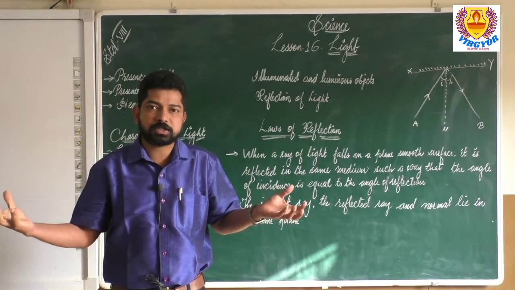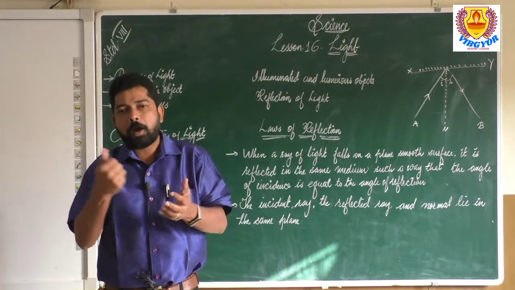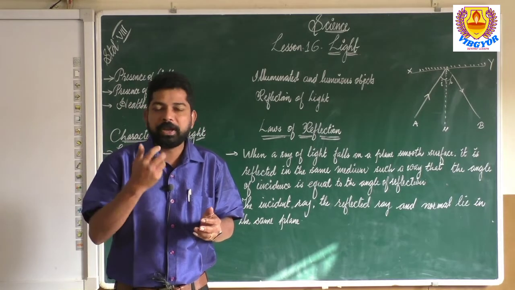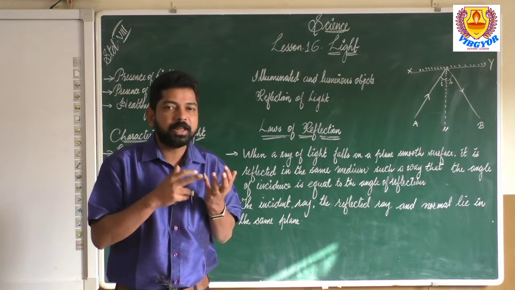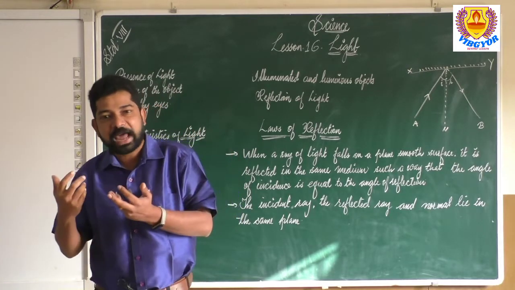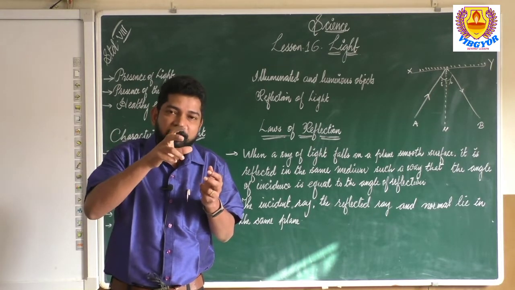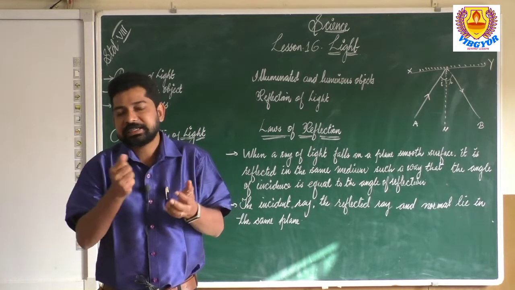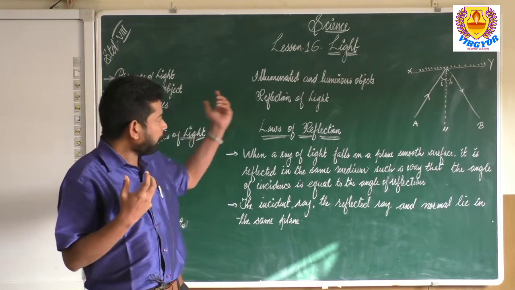Light from a source falls on them and then they shine. Examples: the best example is the moon. The moon does not produce light of its own, but when the light from the sun falls on the moon, it shines.